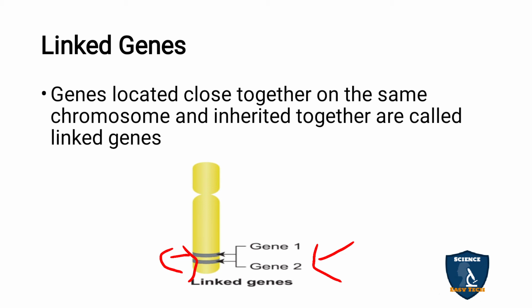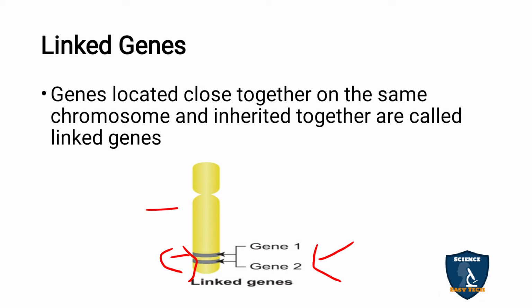Now I am giving the definition. The genes located close together on the same chromosome and inherited together are called linked genes. You got the idea from the definition, no? The genes are close together on the chromosome.